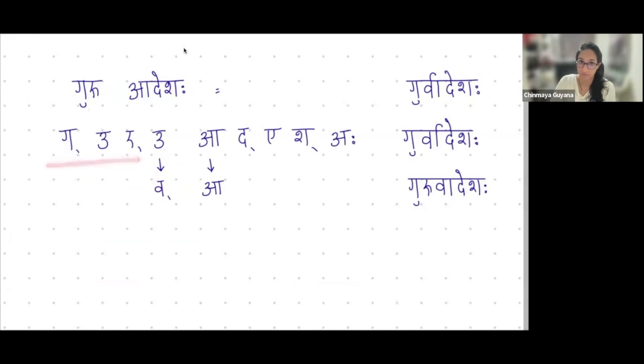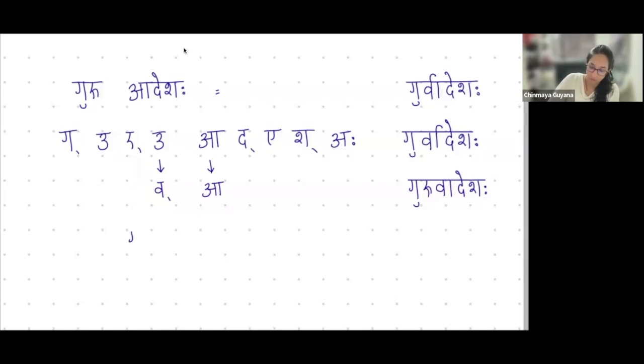Gur, one syllable. No: gu, rva, deshaha. Gu, and then rva is the next conjunct consonant, right? So we have gu. Then how do you write rva? Remember the r goes at the end of the va.